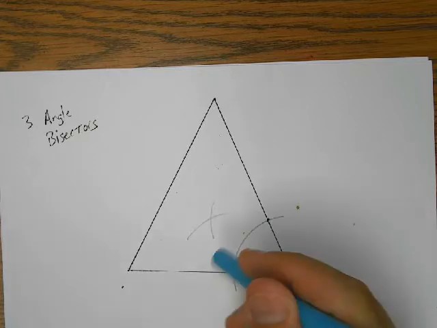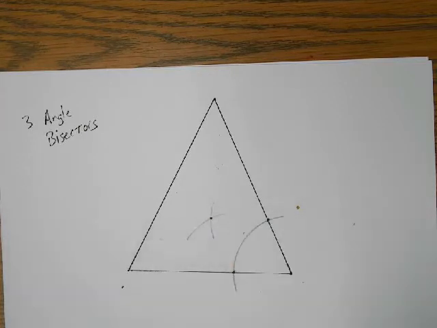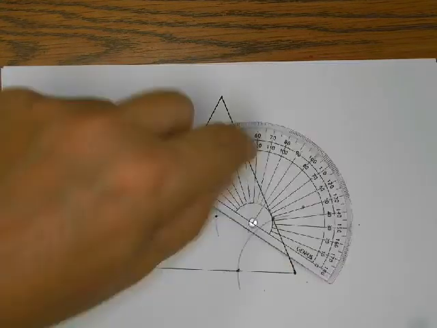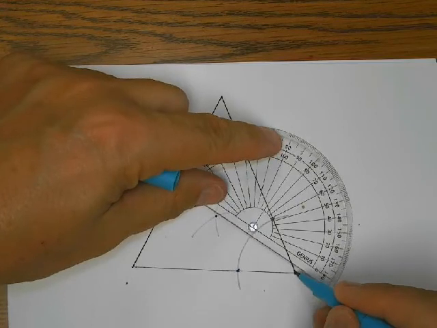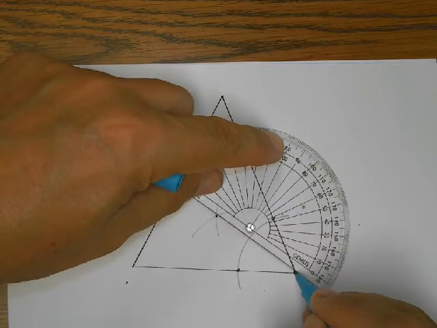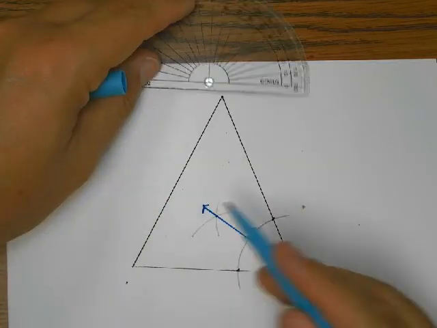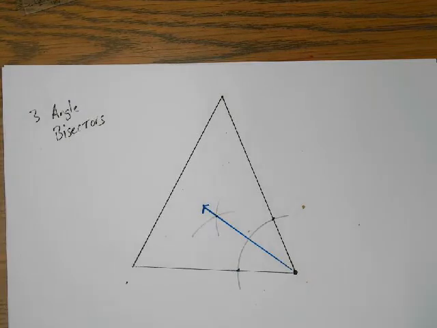Highlight that point of intersection. Use a straight edge and connect it to the vertex. One down, two to go.